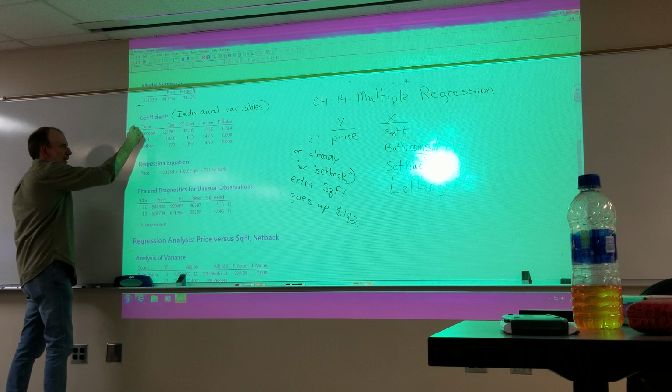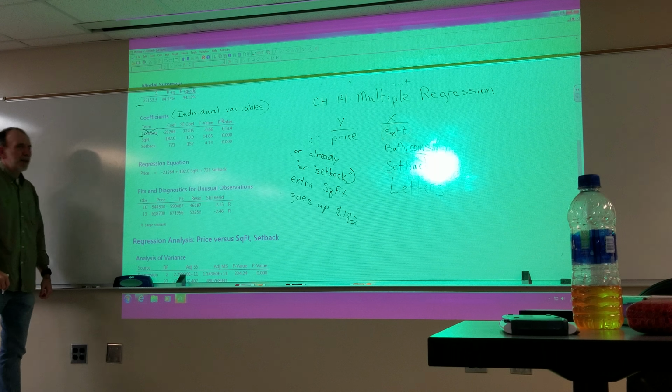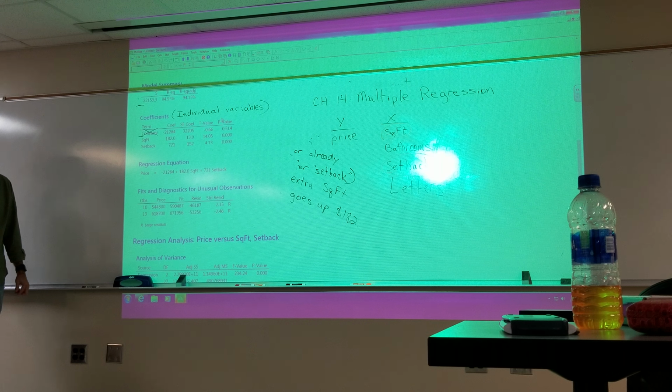And again, we almost never care about the constant. If you want to interpret a constant, you almost never do. But the way you would interpret that, this would basically say, if you're looking to buy a house that has 0 square footage and it has 0 setback, that house would cost negative $21,284.